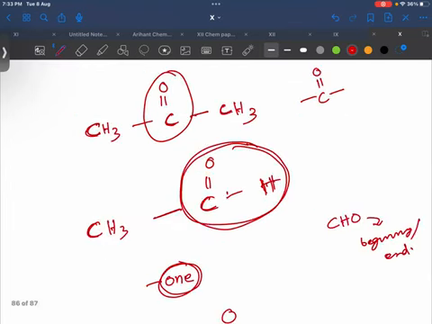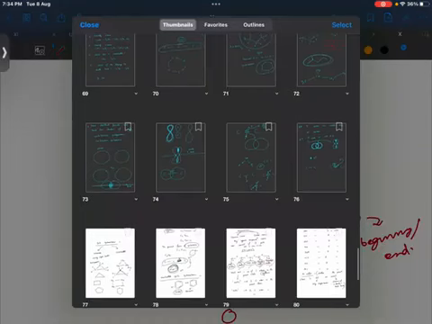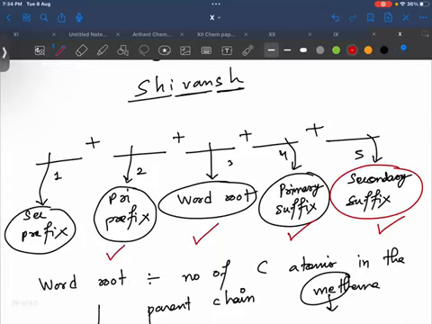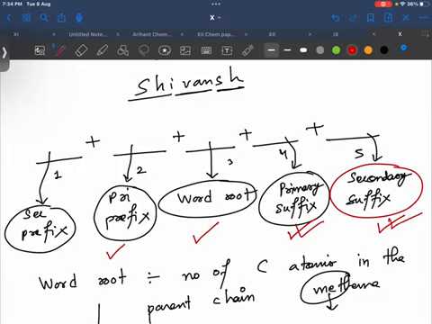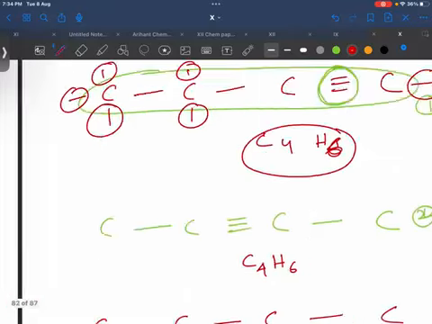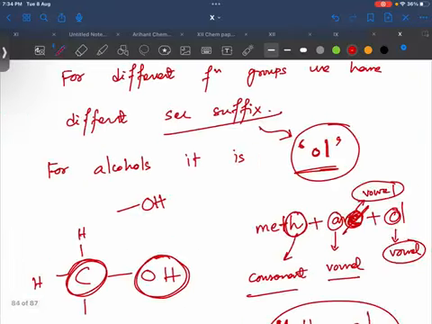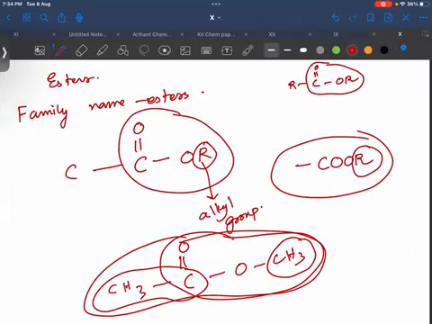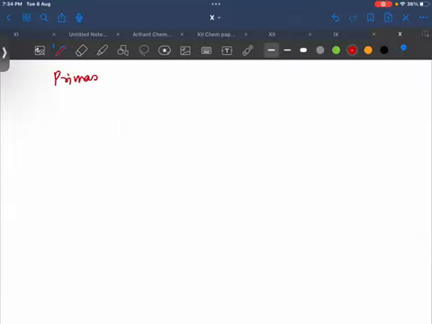So what do we have to do next? We are done with primary suffix. We are done with secondary suffix. We are done with word root. Let's talk about primary prefix. Write down everyone. Primary prefix. Okay.